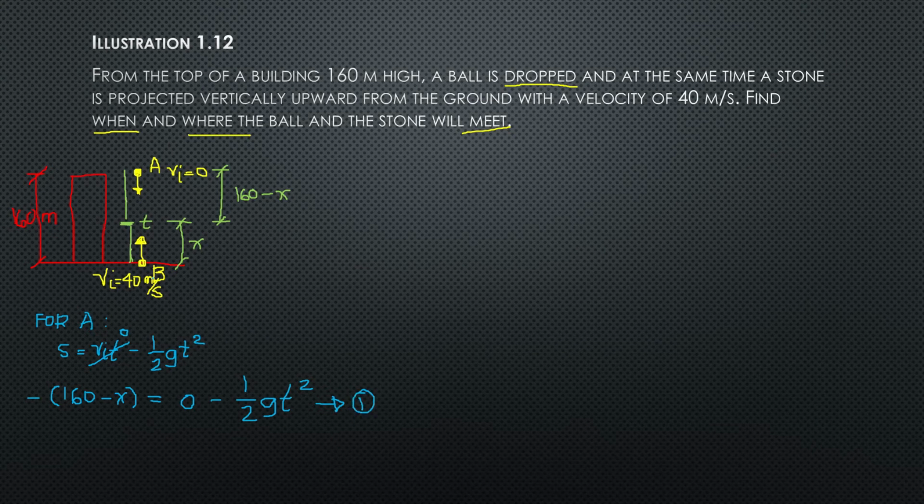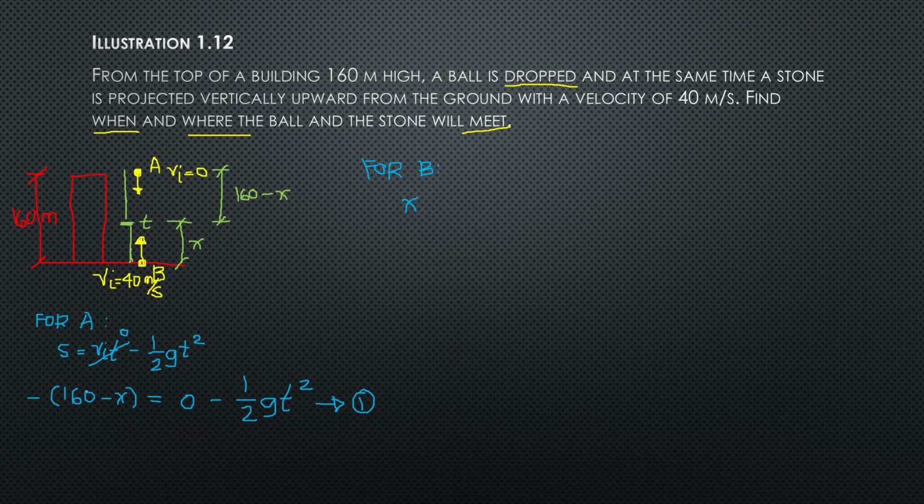Okay, now let us consider the stone. So for the stone, let's say that is simply point B. Using a similar formula, the initial position is on the ground, and the stone travels above, so that is positive x.